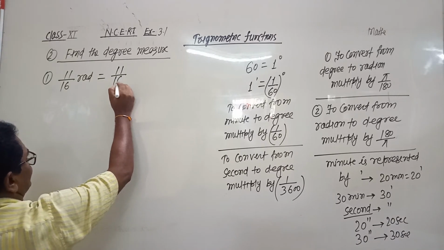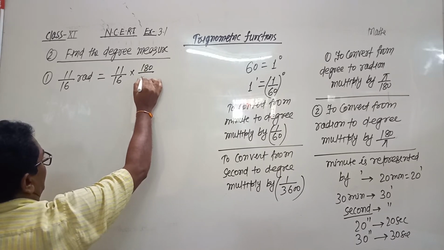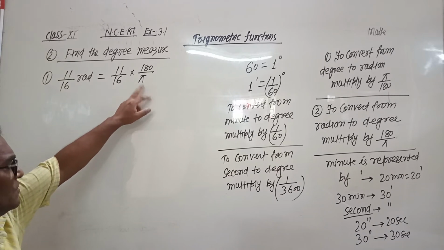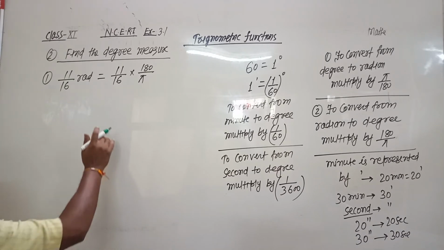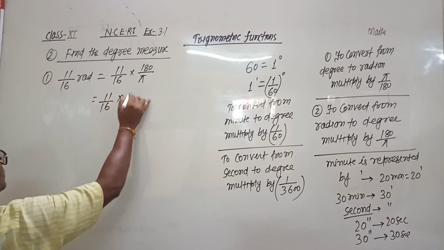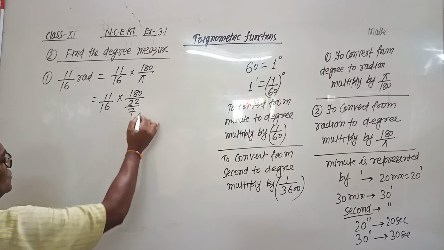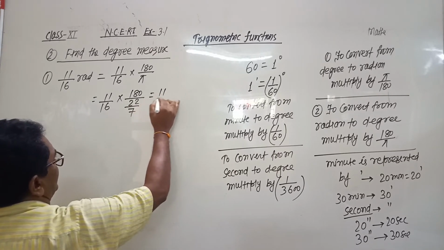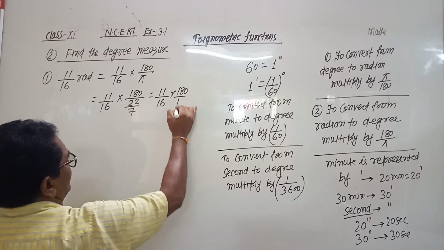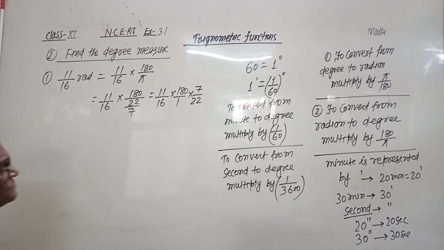So 11 by 16 into 180 by pi, and we will have to use the value of pi as 22 by 7. So we get 11 by 16 into 180 by 1 into 7 by 22.